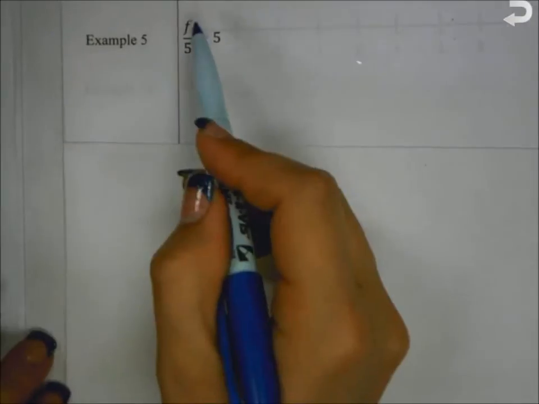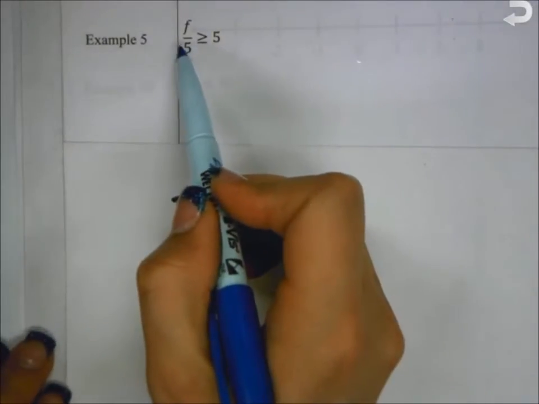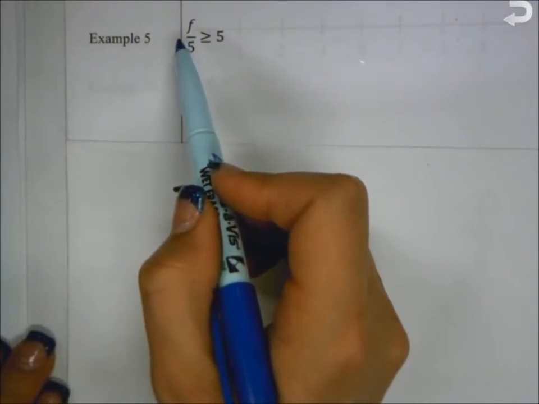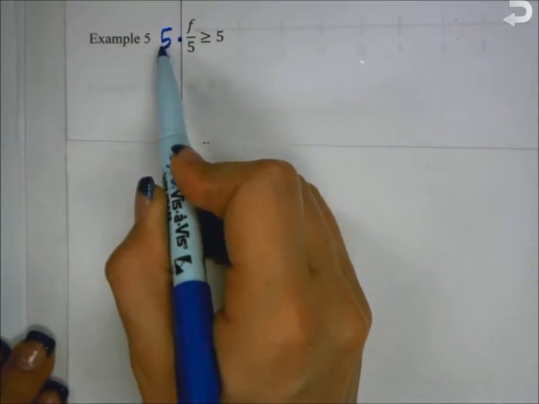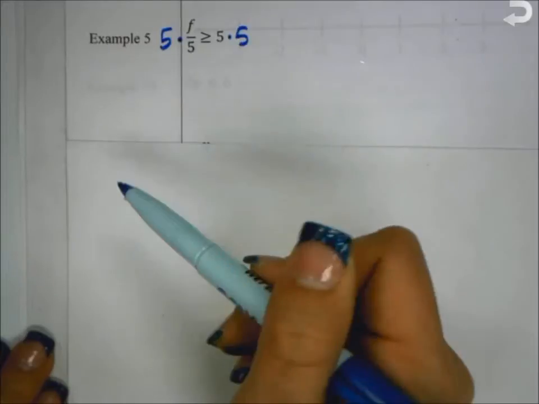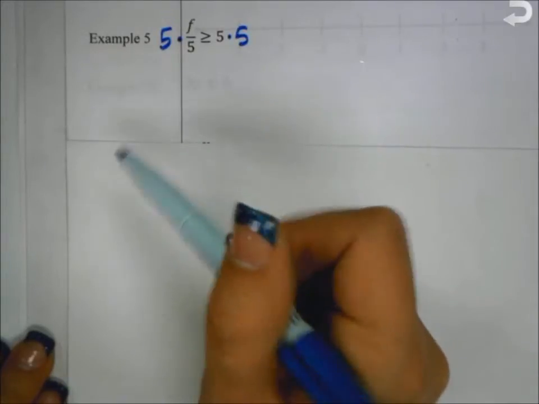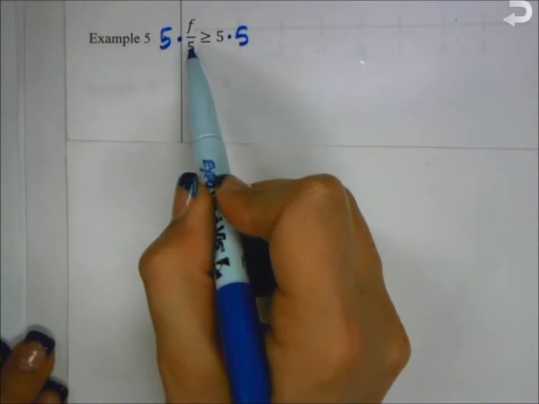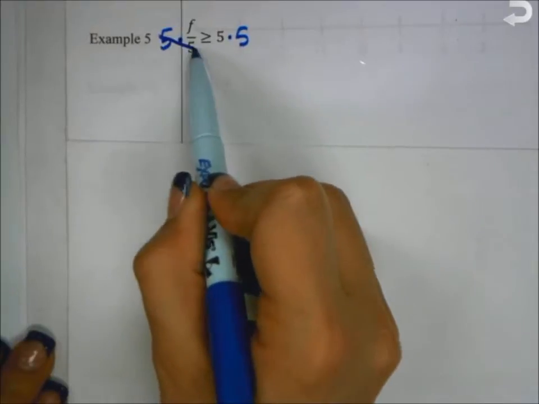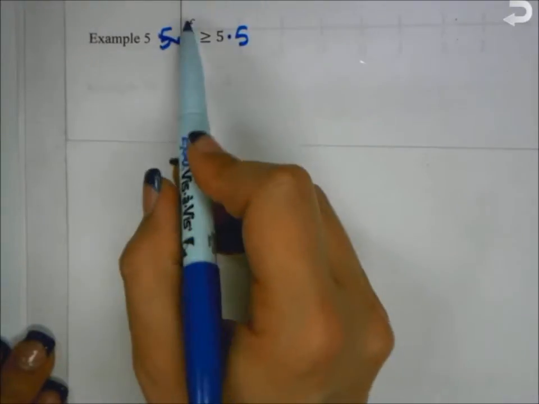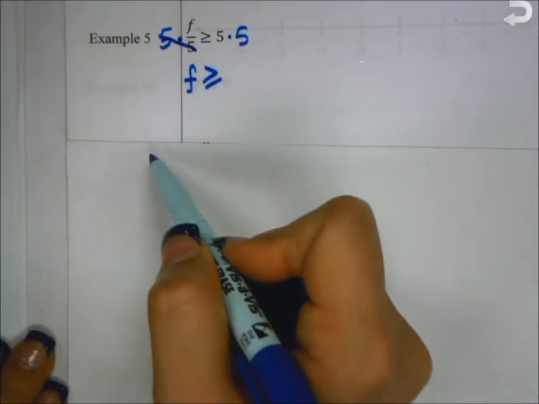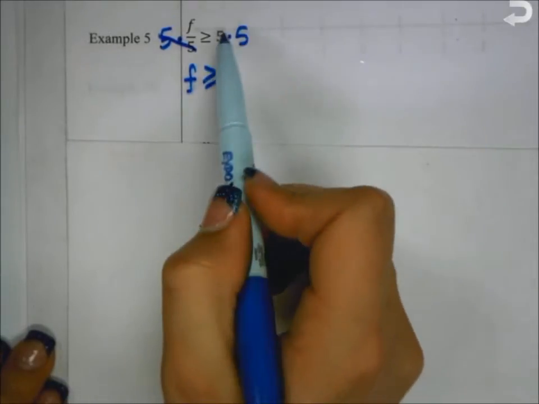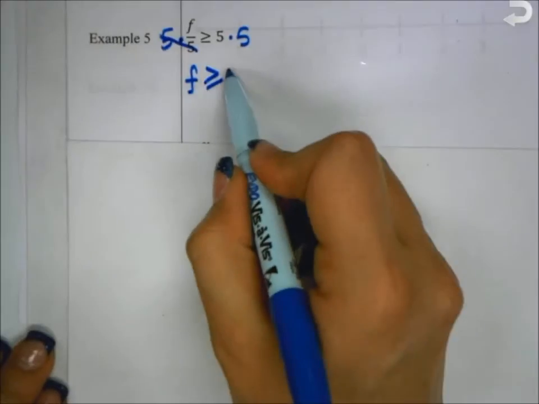So I'm going to multiply both sides by 5. 5 divided by 5, what does that give me? 1, so they cancel, right? So we're left with F greater than or equal to 5 times 5, 25. So we're looking for all F's that are greater than or equal to 25.